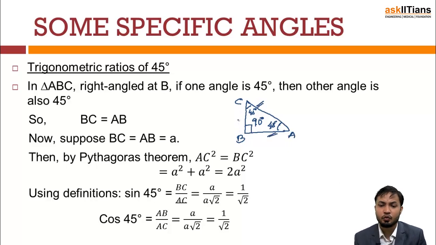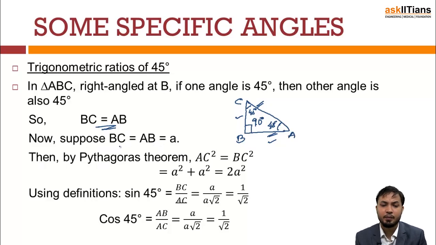If that is true, then my BC and AB will be equal. Why? When the base angles are equal, the opposite sides are always equal, right? So I get BC equal to AB.